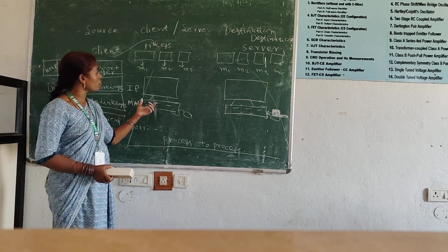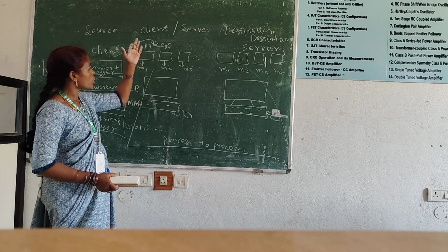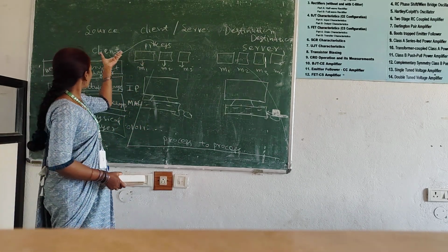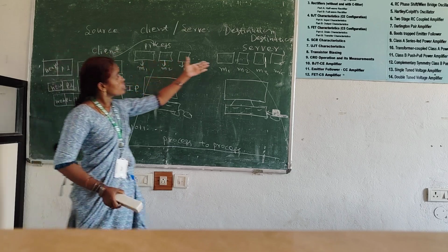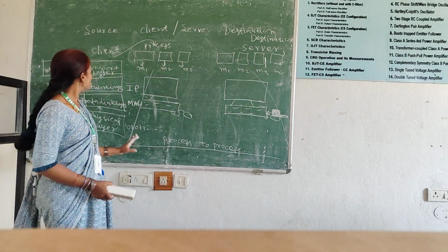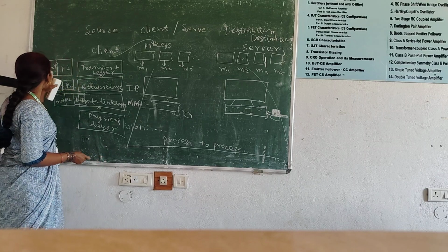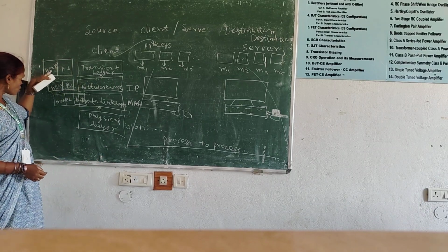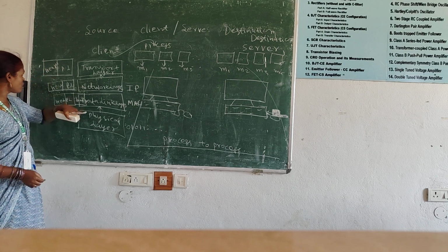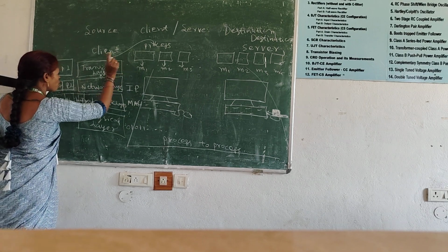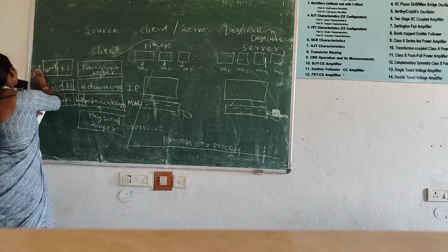The main aim of the transport layer is to send the data from client to the server, process to process. In the header, source address and destination address are there. The data will be available in the form of segments.